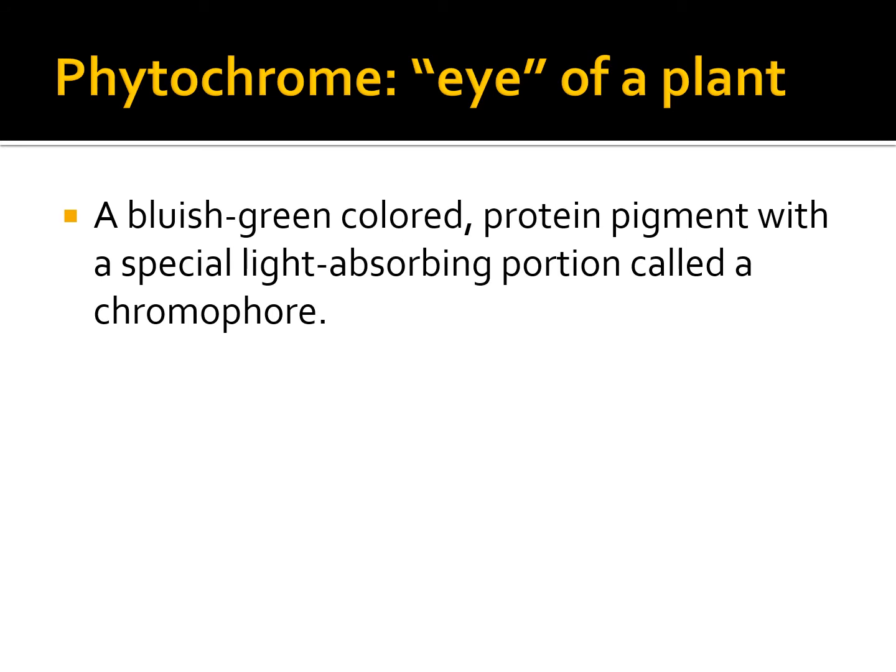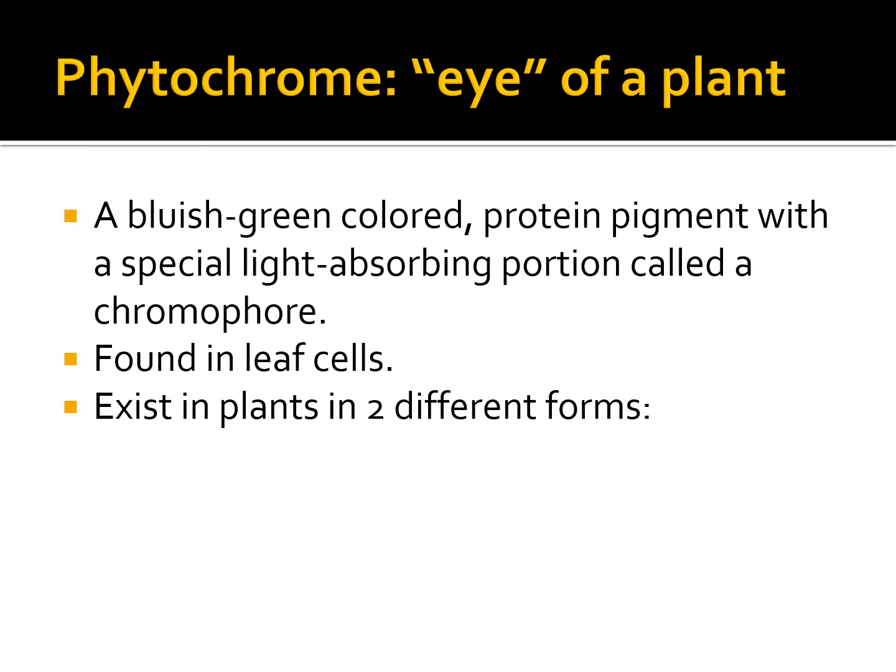So what exactly is phytochrome? Phytochrome is a bluish green colored protein pigment with a special light absorbing portion called a chromophore. Where do you find phytochrome? You find phytochrome in leaf cells. And phytochrome exists in two different forms.